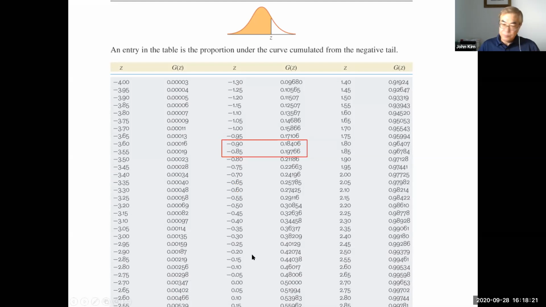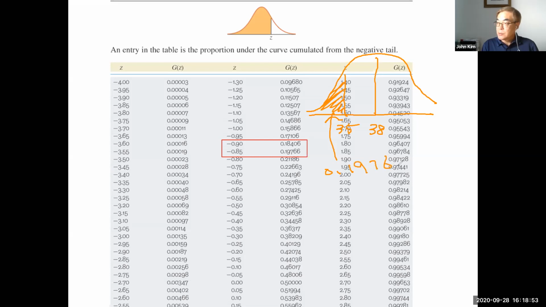So, drawing again. 38 here, 35 here. So this area is 0.19766.